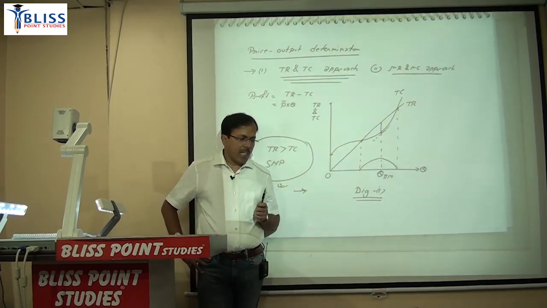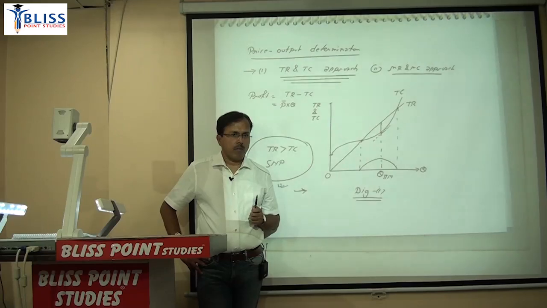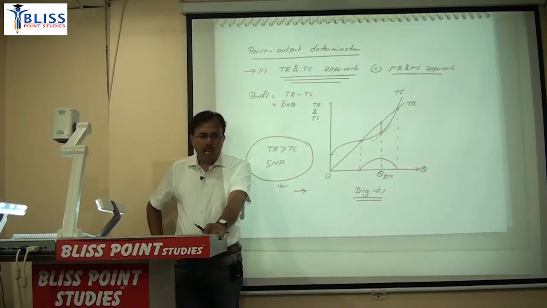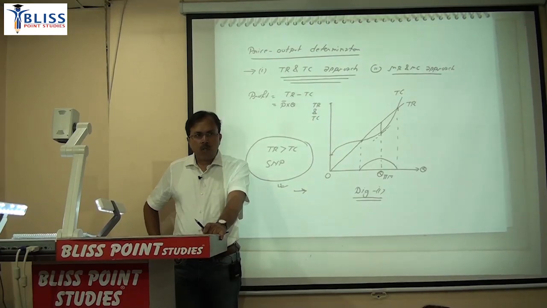The slope of TR is MR and it is constant and equal to existing market price.